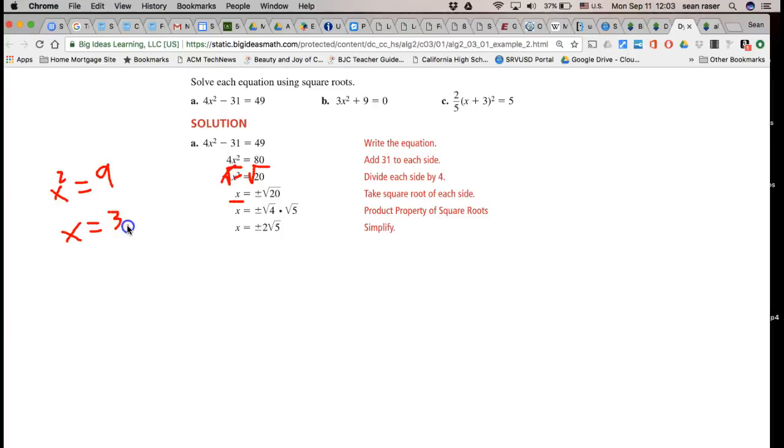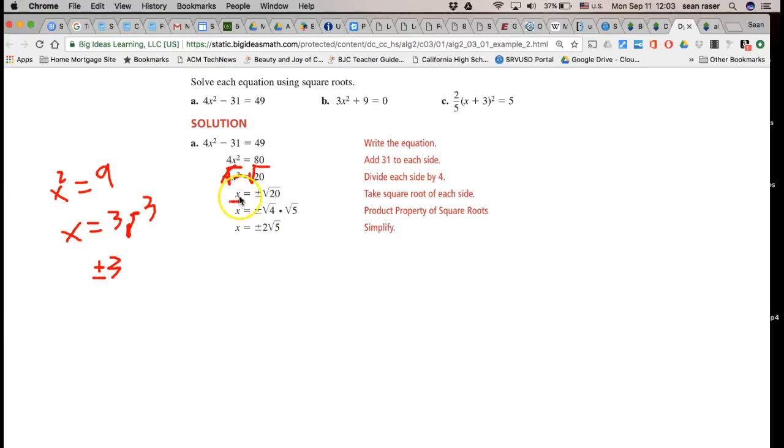But we're also forgetting the negative part. That's a comma, negative 3, because negative 3 times negative 3 equals 9 as well. So when you take the square root, you have to account for both the positive and negative case. That's why we have this plus or minus.